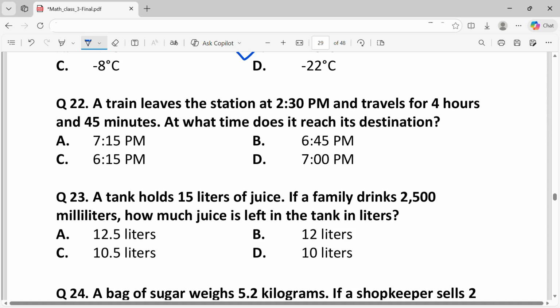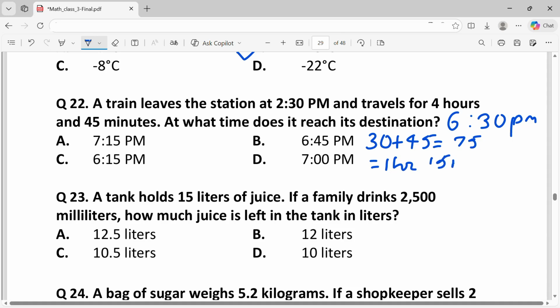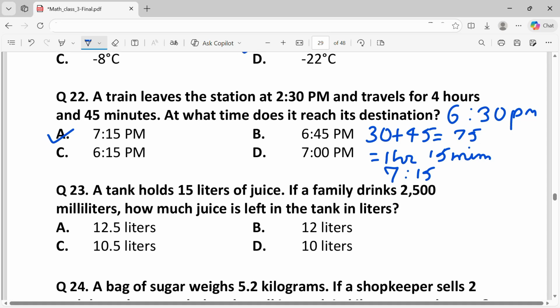The time after 4 hours of travel from 2:30 p.m. is 2 plus 4, that is 6:30 p.m. The time 45 minutes later will be 30 plus 45, which is equal to 75, which is equal to 1 hour 15 minutes. So the time will be 7:15. That is option A, 7:15 p.m.